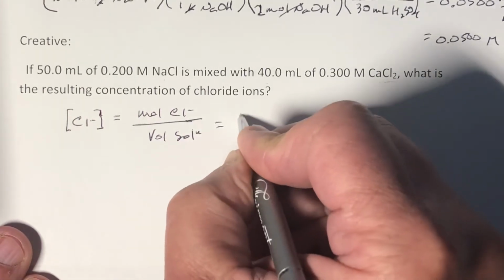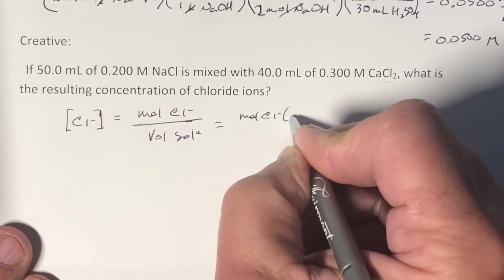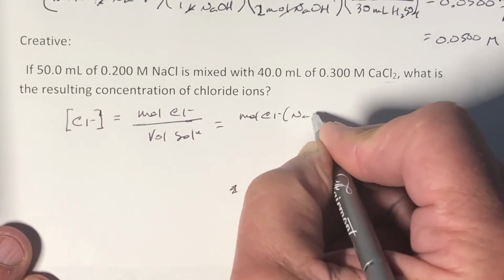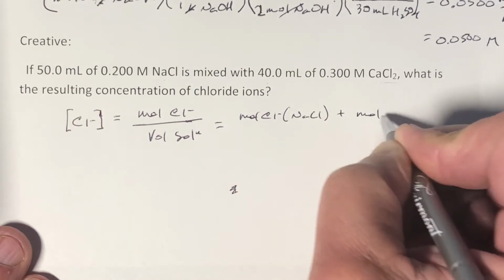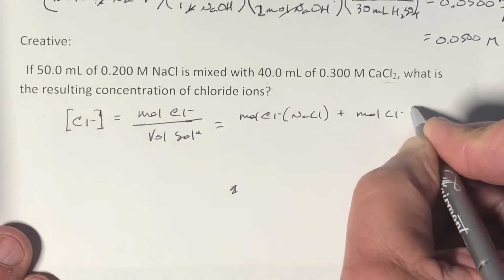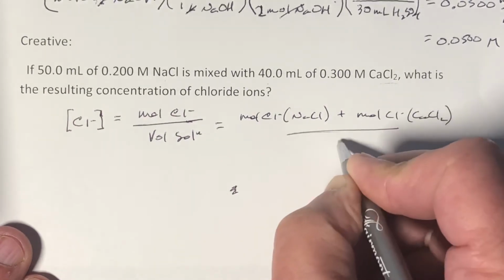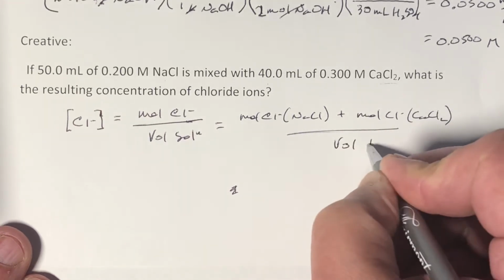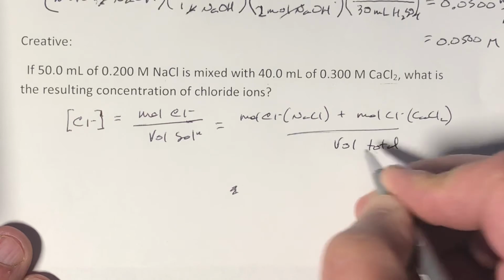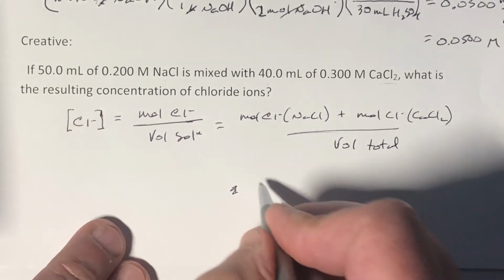This is going to be the moles of chloride coming from the sodium chloride plus the moles of chloride coming from the calcium chloride, and that's going to be over the total volume. The volume's the easy part. It's the moles on the top we really want to be crystal clear on.